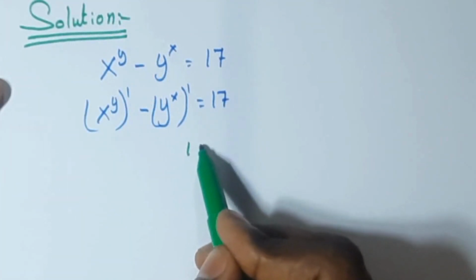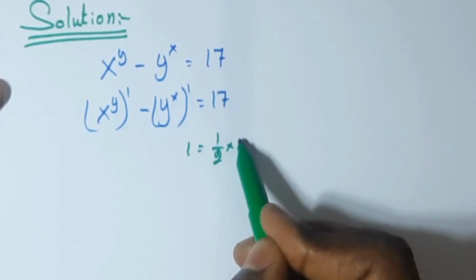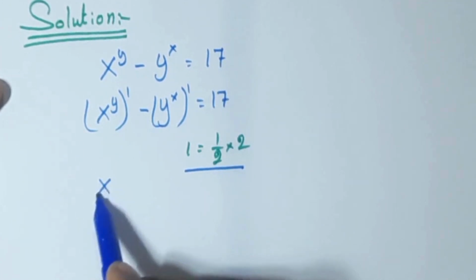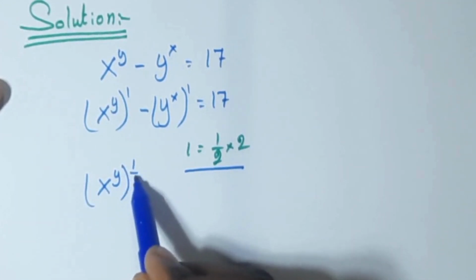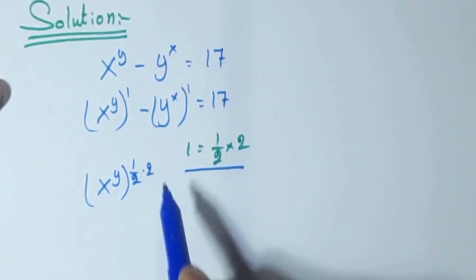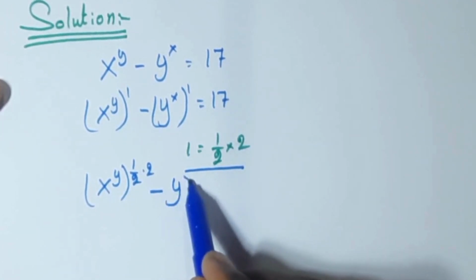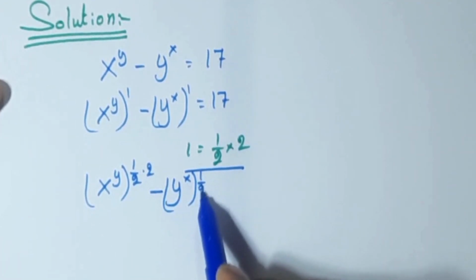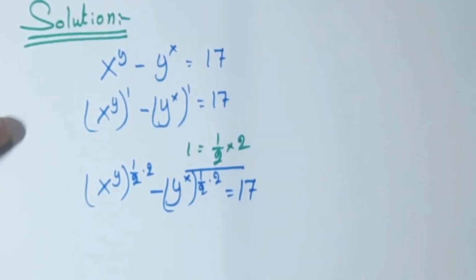1 can be written as 1 by 2 into 2. To apply this here in the power, x to the power of y whole power 1 by 2 into 2 minus y power x whole power 1 by 2 into 2 equal to 17.